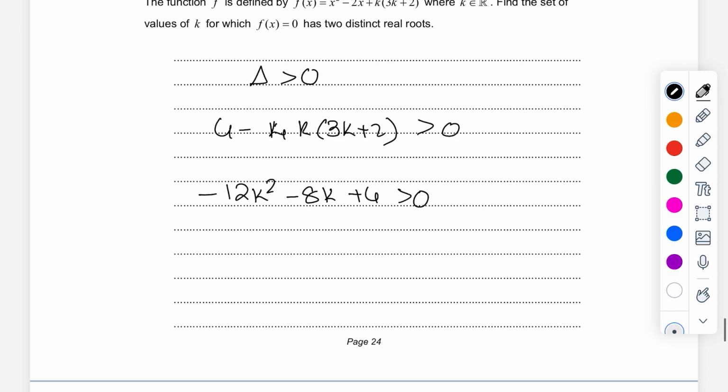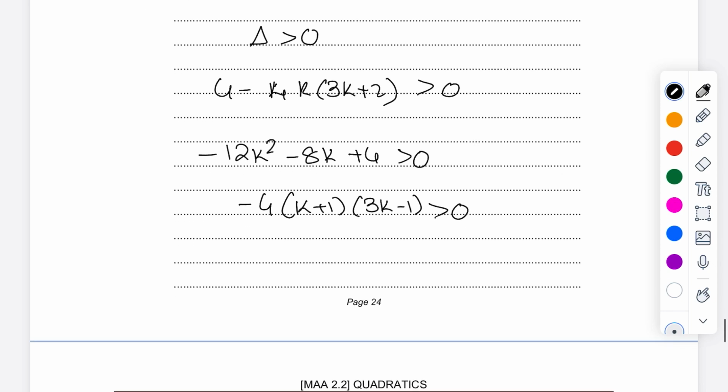If I factorize it out, I'll be getting negative 4 times k plus 1 times 3k minus 1 should be greater than 0. So 4 times k plus 1 times 3k minus 1 is less than 0. So k lies between negative 1 and 1 upon 3.